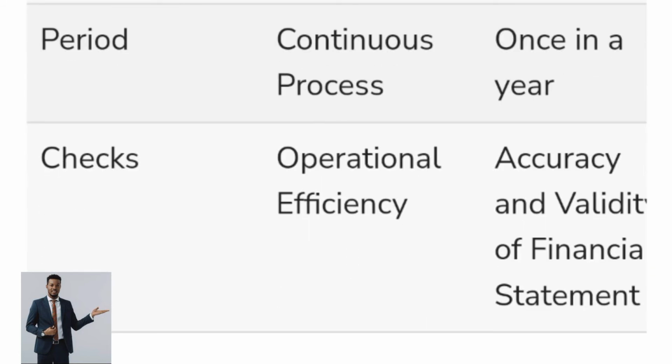Period: the internal audit is a continuous process. It runs throughout the year, whereas external audit is once a year.